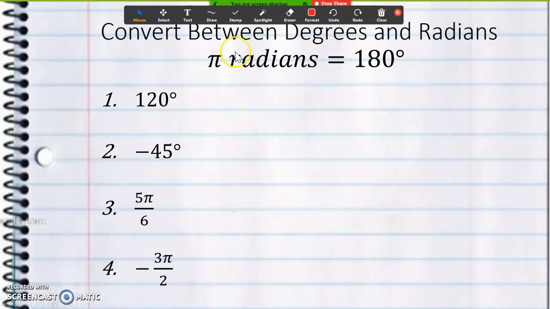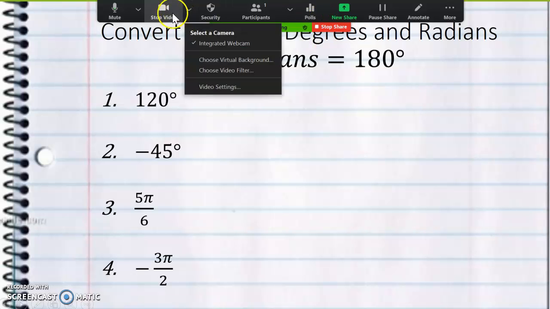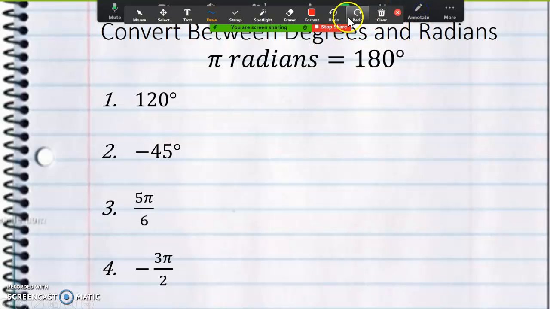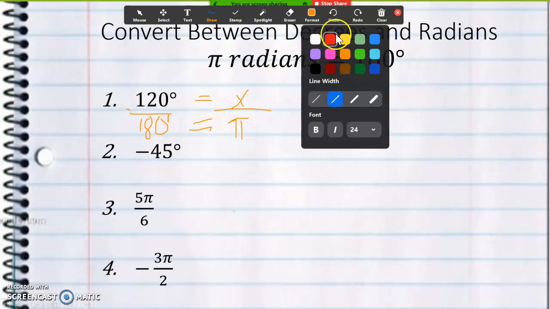Okay? So our conversion is pi radians, 180 degrees, or you could write it the other way around. It doesn't really matter. The way we solve these is we are going to make a proportion. So 120 degrees is equivalent to some amount of radians, so that's going to be equal to x. Well, I know that 180 degrees is equal to pi radians, okay?